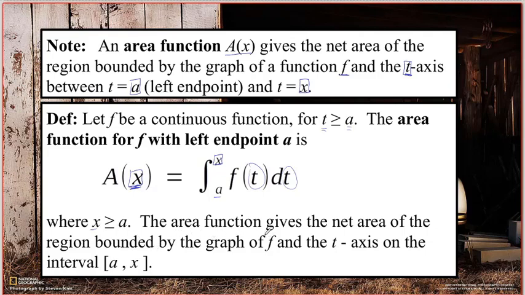The area function gives the net area of the region bounded by the graph and the t-axis on the interval a to x. Think of it as time, or just think of it as the old x-axis. It's just a dummy variable to hold our place because the thing that's moving now is x.